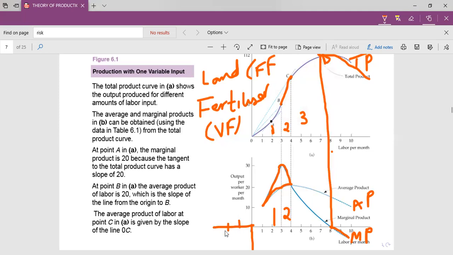Because of course we know this side is negatives, and also this side is negatives. So the marginal product will be negative, the average product will be reducing, and the total product will be reducing at a decreasing rate. Reducing literally. So that's how the law of diminishing returns works for the case of production with one variable factor.